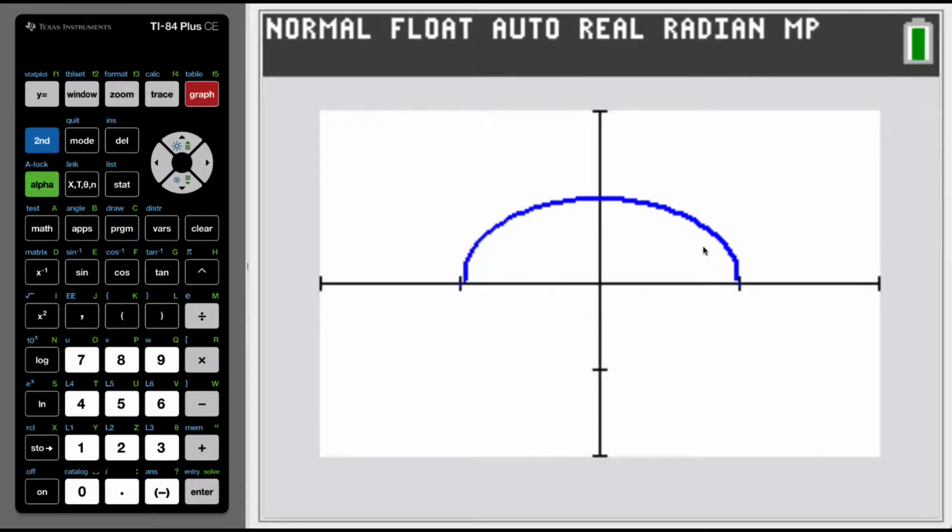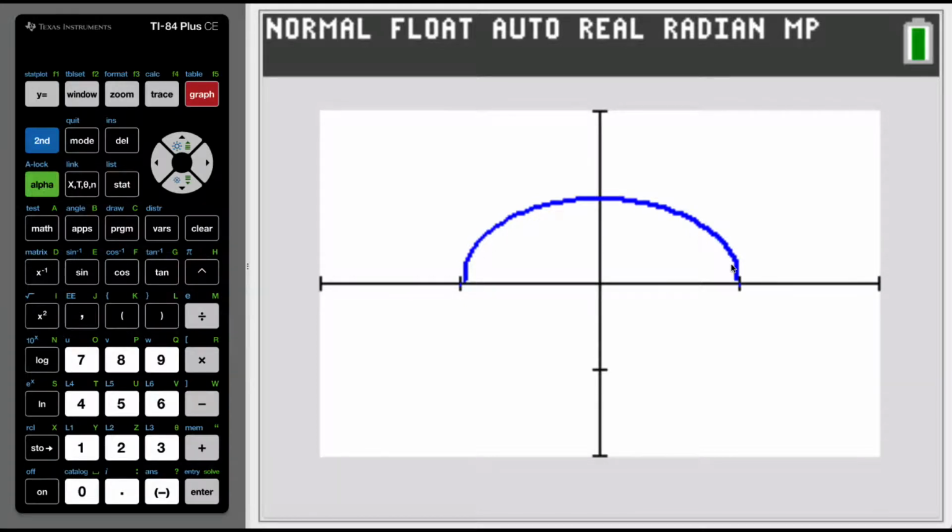We can see from the graph that it is continuous on the interval from -1 to 1, and it's also differentiable on that interval as well, because there's no corners or cusps or discontinuities or any of that stuff. Now, it's not differentiable at the endpoints of -1 and 1, because those would have vertical tangents, but it doesn't have to be differentiable at the endpoints. It just has to be differentiable between the endpoints.